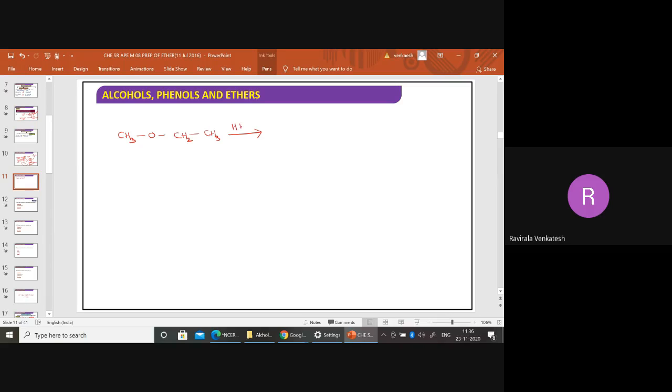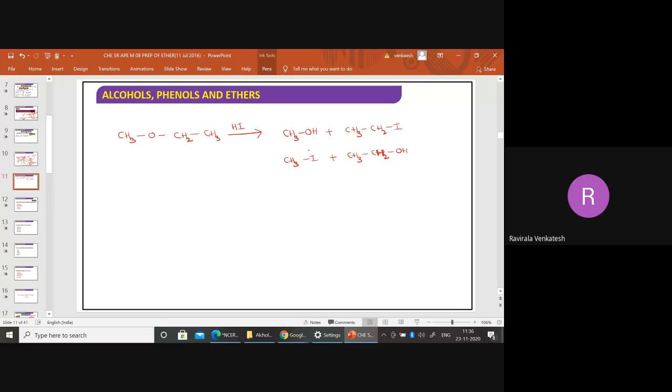Only 1 mole of HI, if I take it, there is a chance of getting CH3OH plus CH3CH2I, or you may get CH3I or CH3CH2OH, if I take only 1 mole.